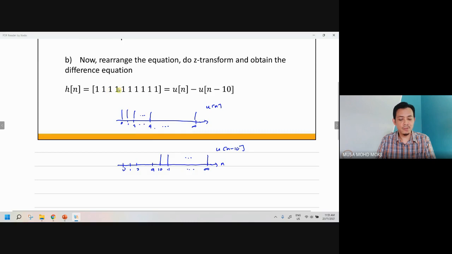So we can manipulate the equation into this in terms of u[n], because any signal, any h[n], can be written in impulse signal or step signal. So this is actually using step signal, u[n-10].